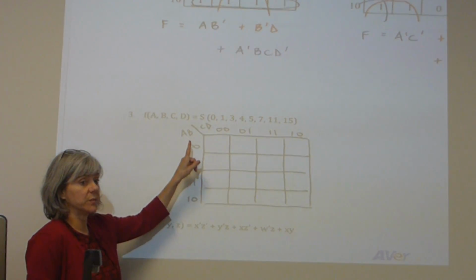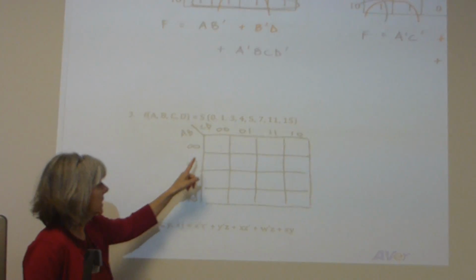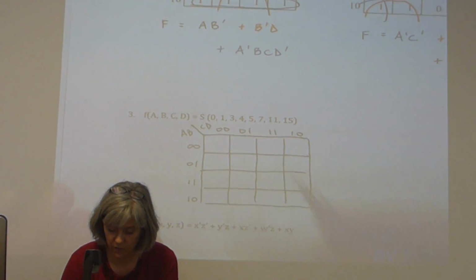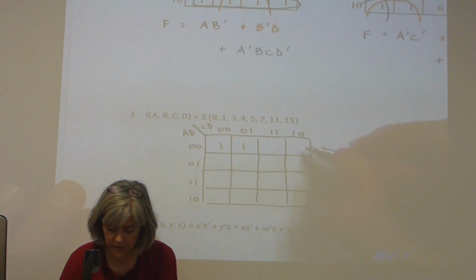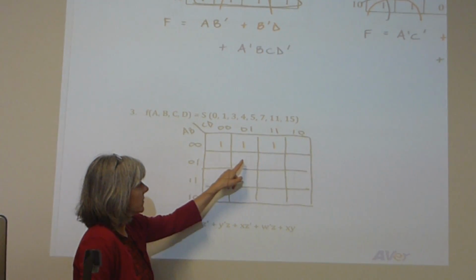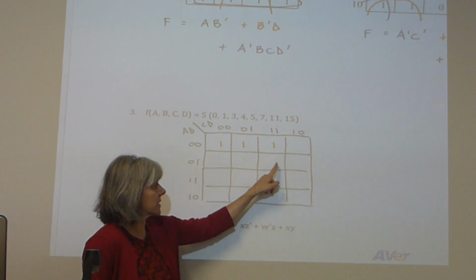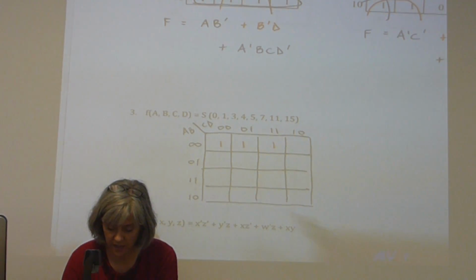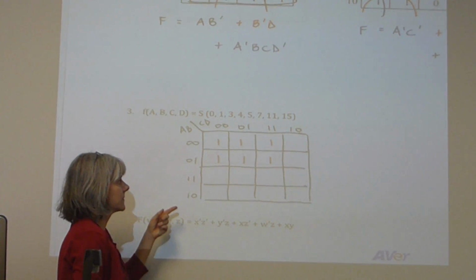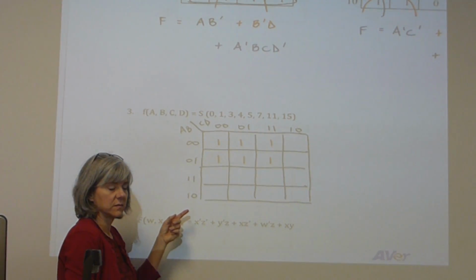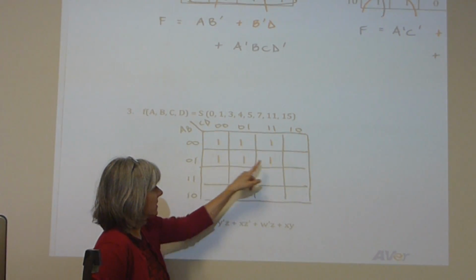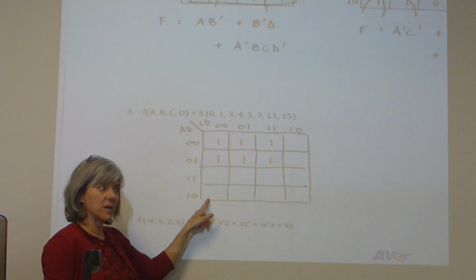Okay, so now I need to put them in. So I'm going to count 0, 1, skip 2, 3. Then 4, 5, skip 6, 7. You always got to skip the third row or column. So now I get 7 to here, and then 8's down here.